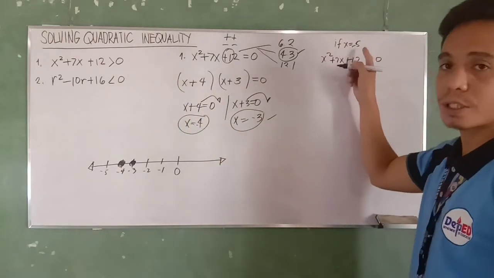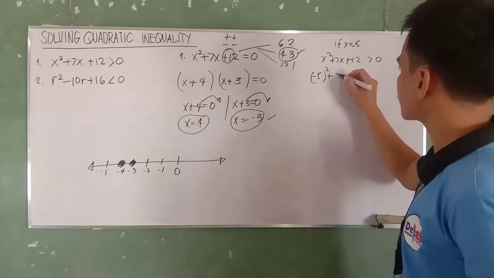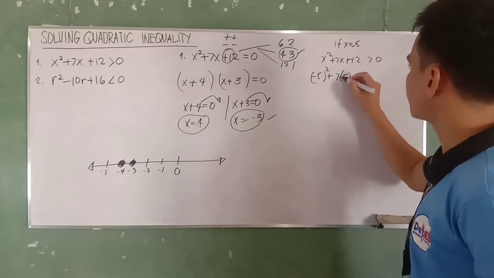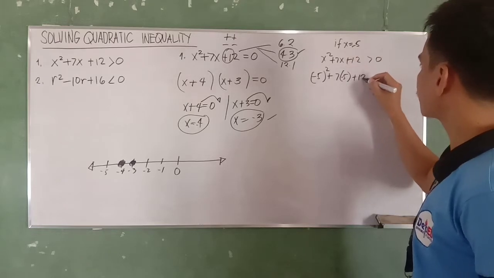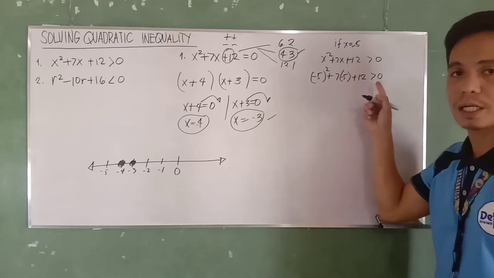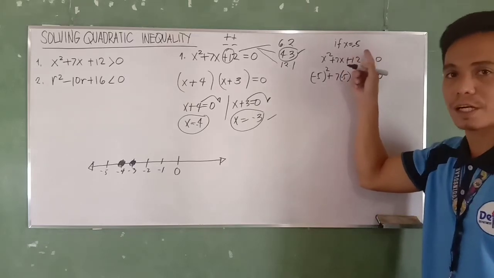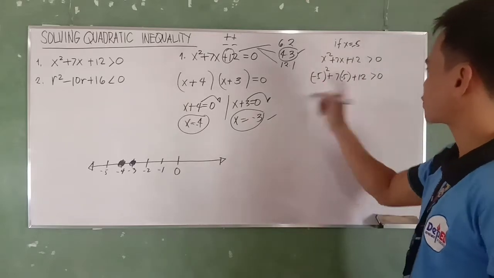Let's substitute negative 5: negative 5 squared plus 7 multiplied by negative 5 plus 12 is greater than 0. We will check whether it is true that it is greater than 0 if x is negative 5.